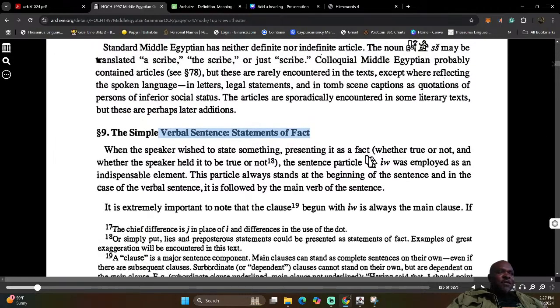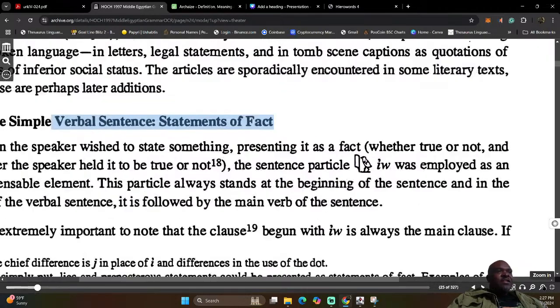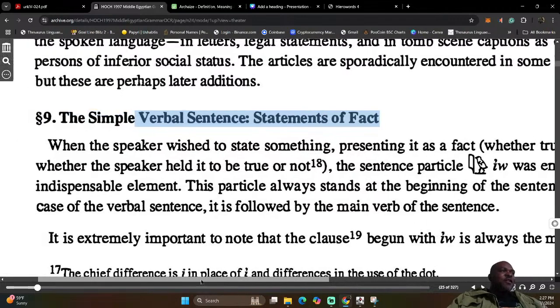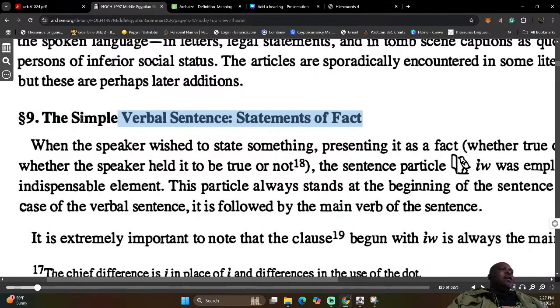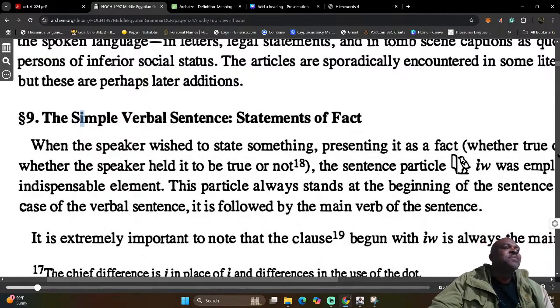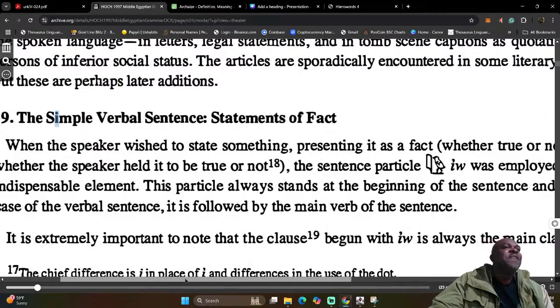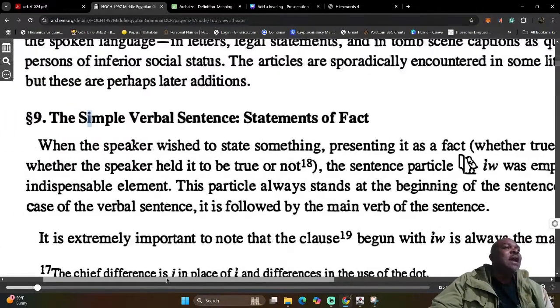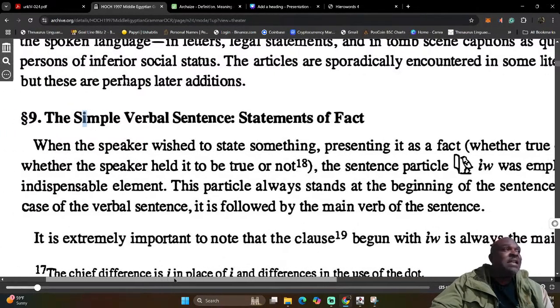Look at this. So I want to read this. And this will become significant whenever you start reading primary text. The simple verbal sentence is a statement of fact. What does that mean? When the speaker wishes to state something, presenting it as a fact, whether true or not, means that he wants to present it as a fact.